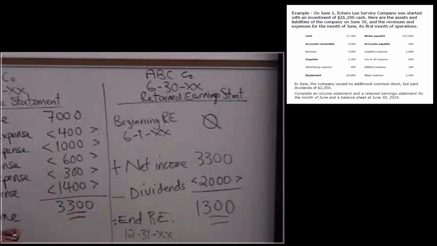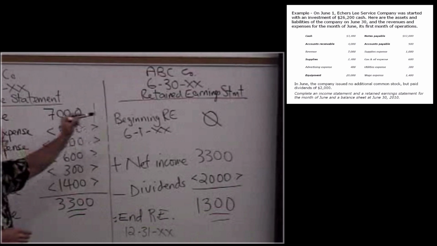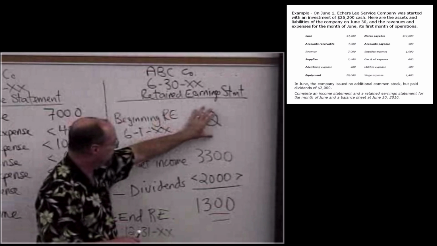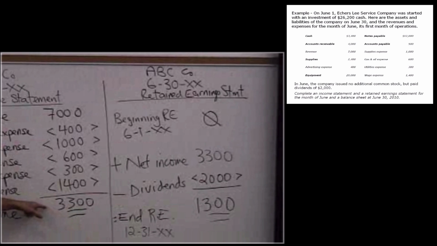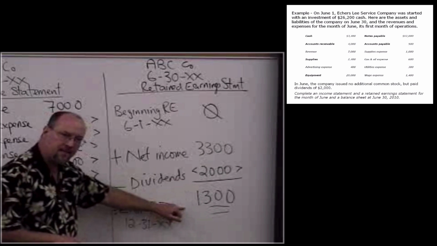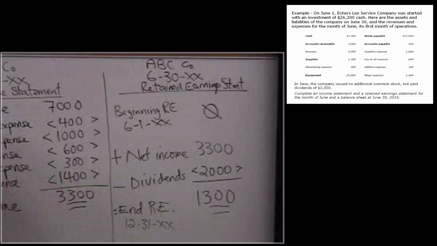Okay? Beginning retained earnings. Remember, in the first period only, please remember that. This is the first period only. It's 0. Plus net income from the income statement minus dividends paid back to the owners equals end of period retained earnings.